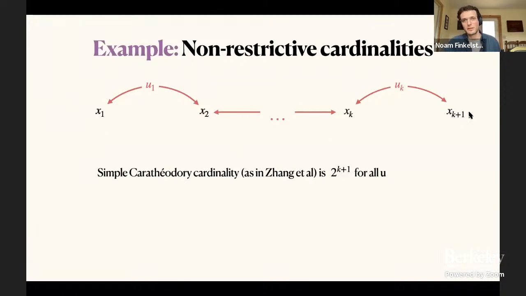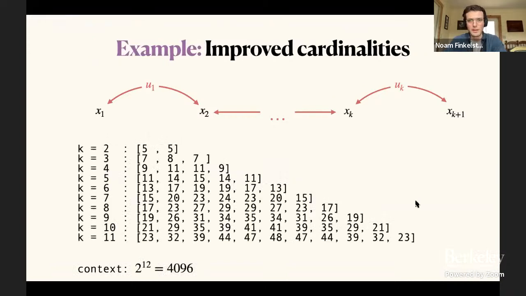This is a simple example, which is just a sequence of observed variables x1 through x(k+1), and each adjacent pair of variables shares an independent common latent parent. We're going to assume that all of the x's are binary. So here the non-restrictive cardinalities are exponential in the length of the chain.